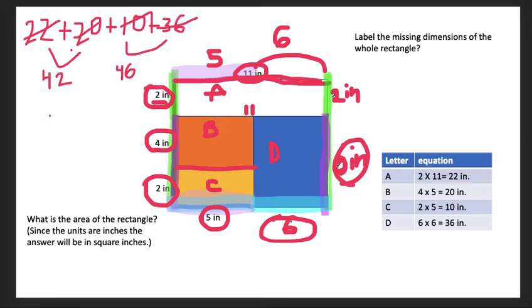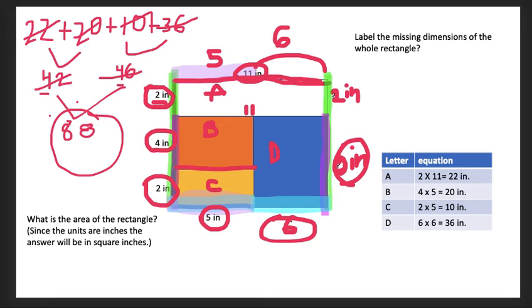So all I have to add left is 42 plus 46. 6 ones plus 2 ones equals 8 ones. And 4 tens plus 4 tens equals 8 tens. So I cross out the 42, cross out the 46. So my answer is 88.